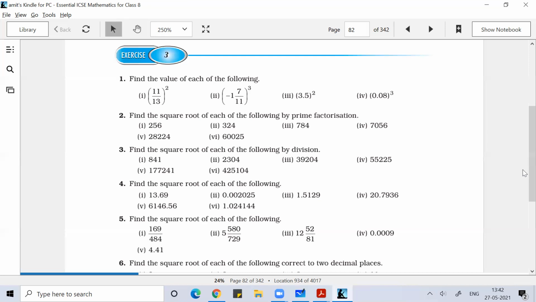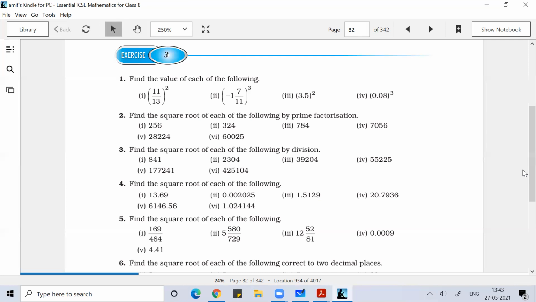Take 5 from the factors. 11405. 5 again. Sir, one minute. 55225 divided by 5 is 11405, which divided by 5 is 2209.